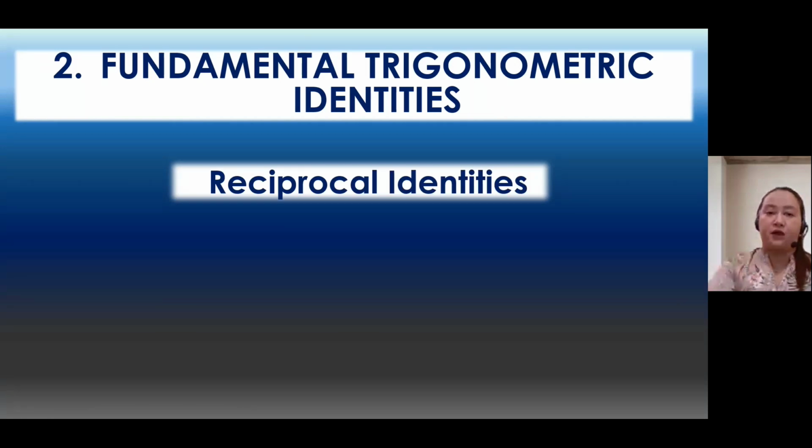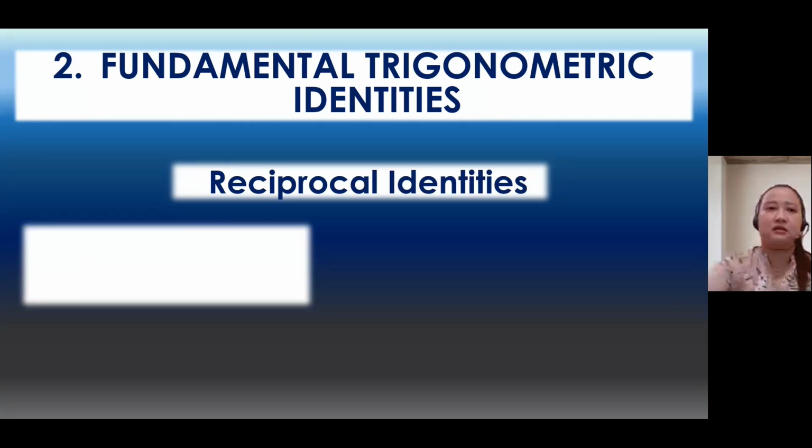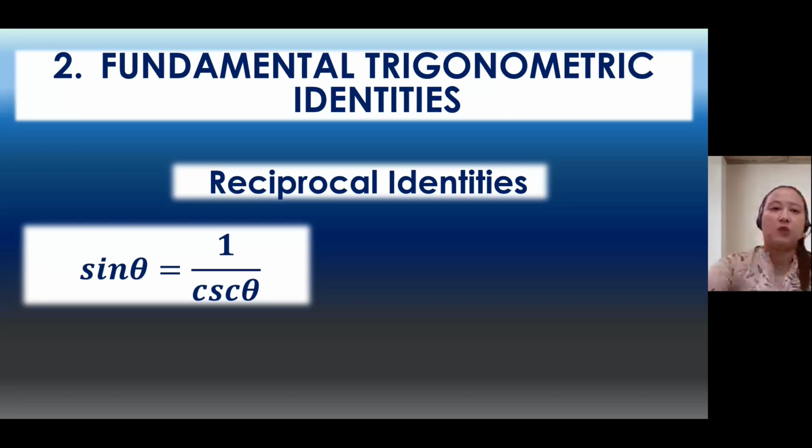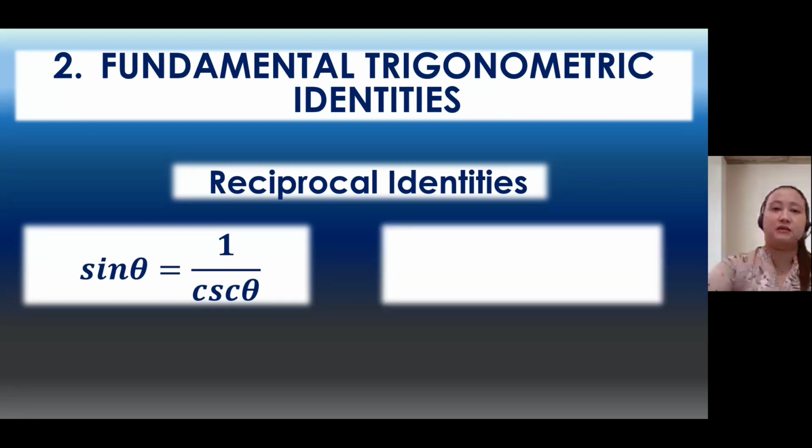Then we have reciprocal identities. So sine theta equals 1 over cosecant theta. And if sine theta is equal to 1 over cosecant theta, therefore cosecant theta equals 1 over sine theta.